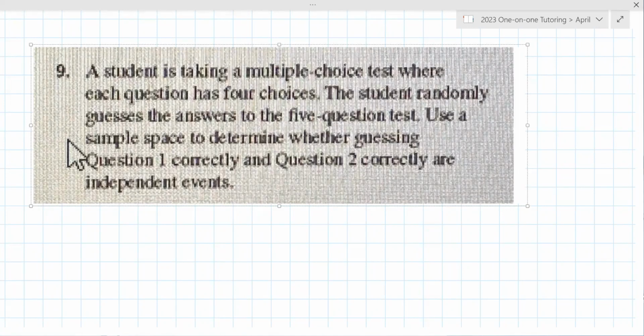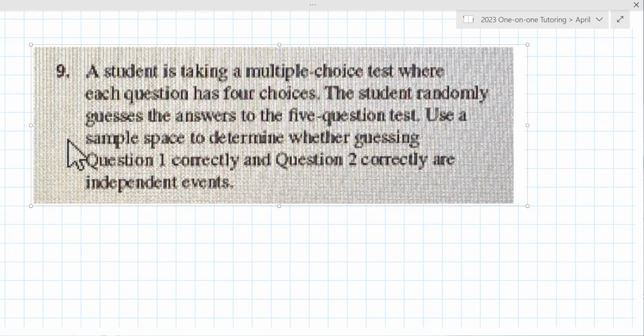So rather than trying to think through this in terms of sample space, it's almost better to look at it in terms of, does one impact the other? Does guessing on the one impact your answer on the other? What do you think here? What do you have to say?